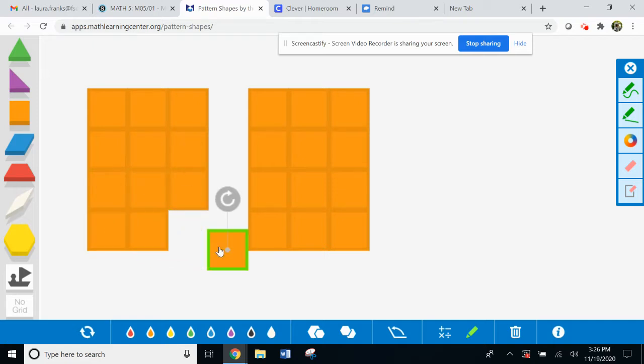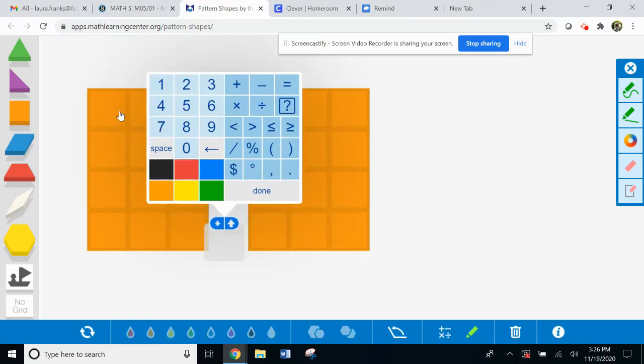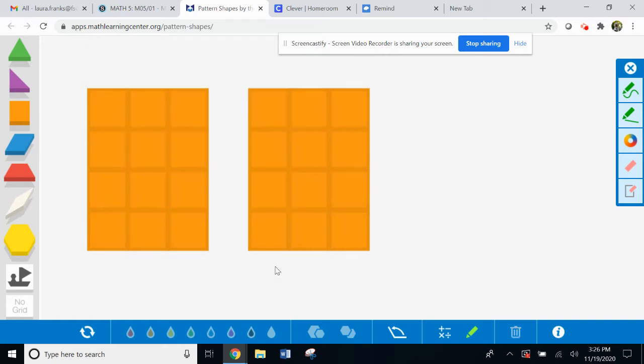The array looks different because I have 4 rows this time with only 3 in each row. But I still only have 12 in each section, even though it looks a different way. So an equation that I might write to go with this one might be 4 times 3 equals 12, but I would still end up with 12.